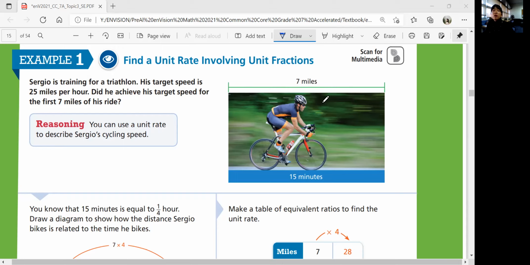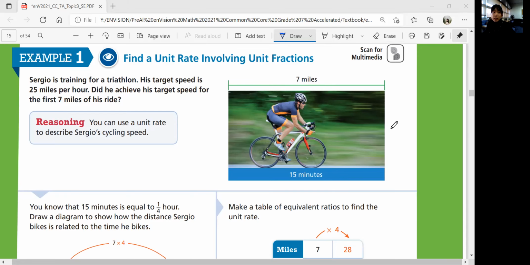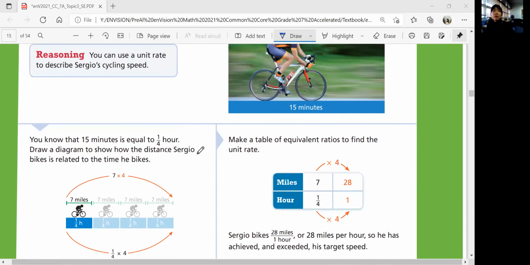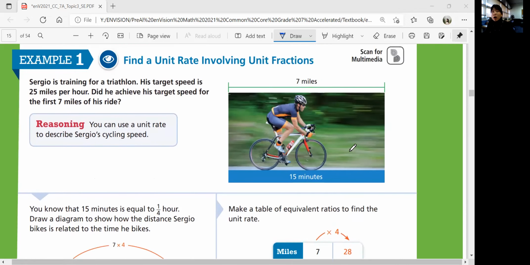So you're going to use a unit rate to describe Sergio's cycling speed. So change 7 miles over 15 minutes into a unit rate. When we talk about speed, we usually talk about hours instead of minutes. So we're going to write 15 minutes in terms of hours.